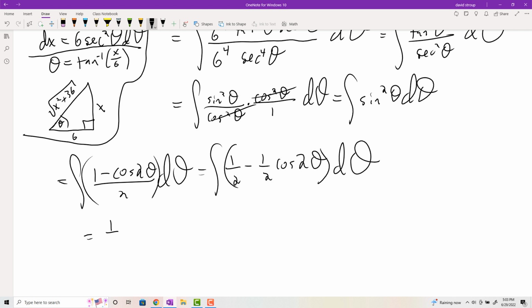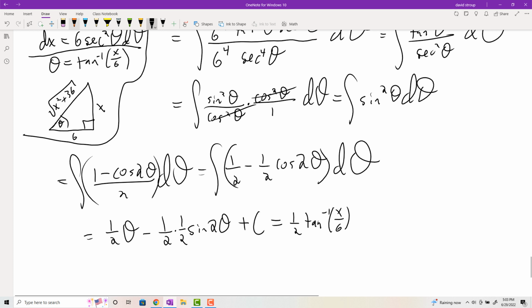So I'm going to get 1/2 theta minus 1/2 sine of 2 theta over 2. So I got another factor of 1/2 if you do the u sub. Okay, so I can back sub now the theta. So it's 1/2 theta, where theta is tan inverse of x over 6. That's just looking back at the box above on the left.